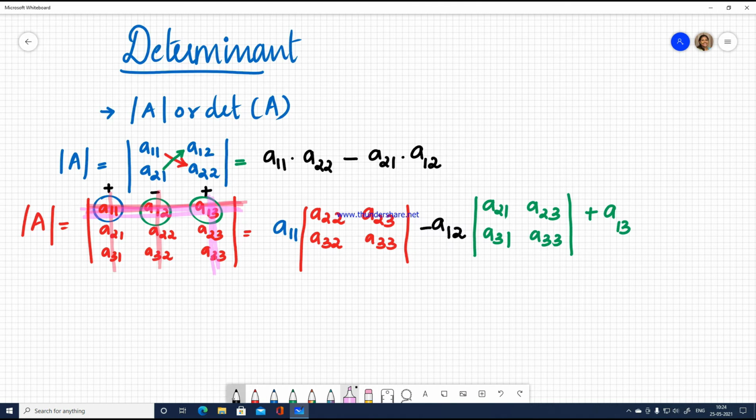So that is the determinant of A21, A31, A22 and A32.